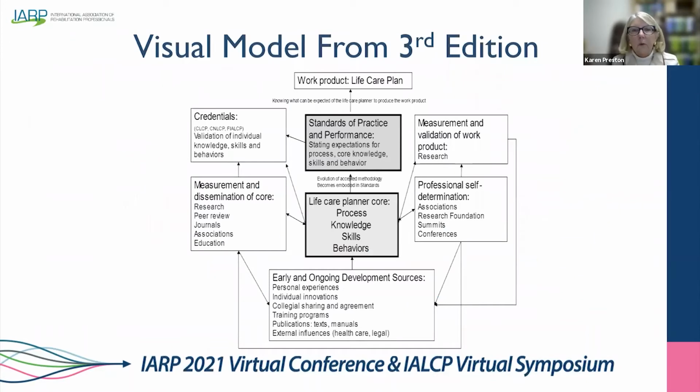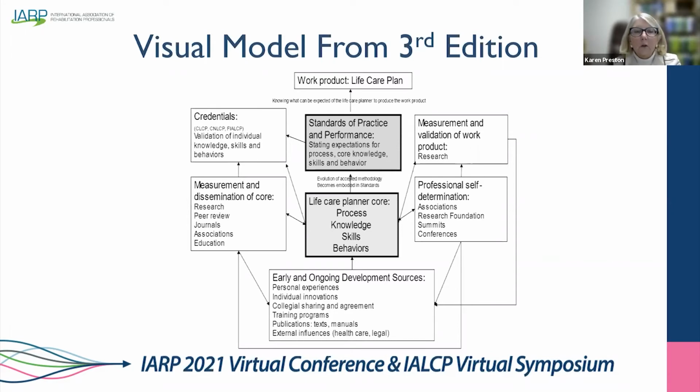So this is the visual model. If you're familiar with the 3rd edition and including the foreword at the beginning of it, this will look familiar to you. This is simply identifying that to define our core knowledge, process, skills, and behaviors, we start out with the sources at the bottom and work through those to define the center core, and those flow into the standards of practice.